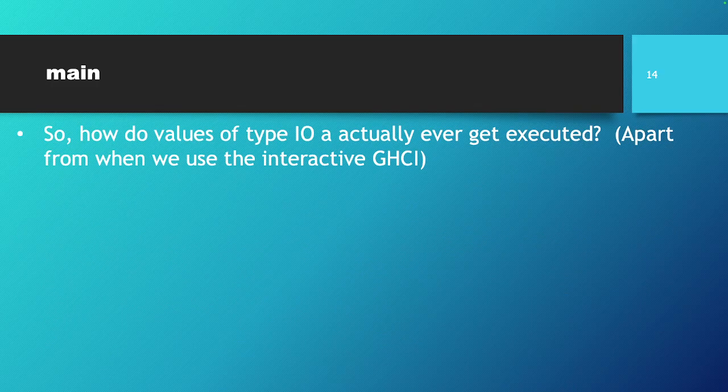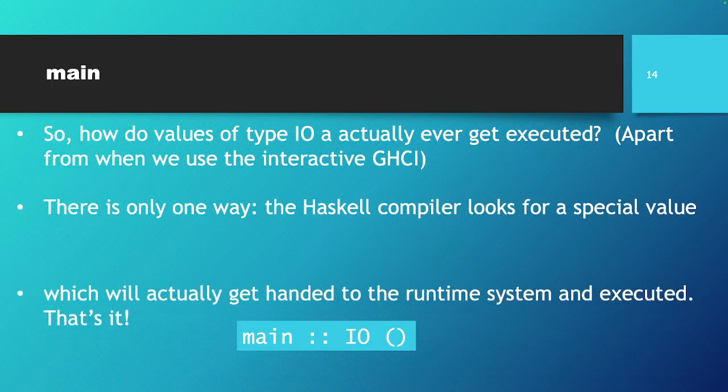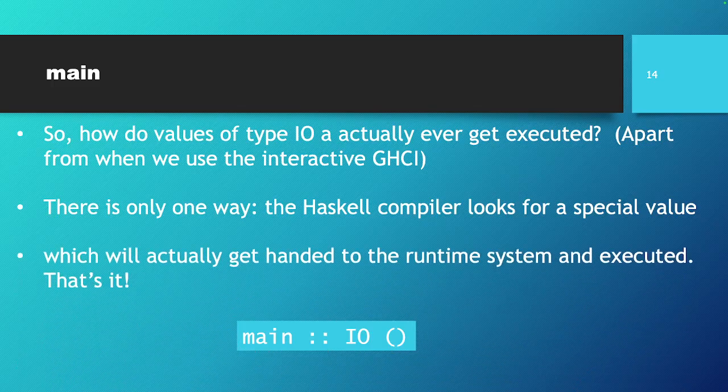Okay, so the main function then. You've seen that in your first version of the assignment. How do values of type IO ever get executed? There's only one way. The special value is main IO. This is what gets handled at the runtime and executed, and that's it.